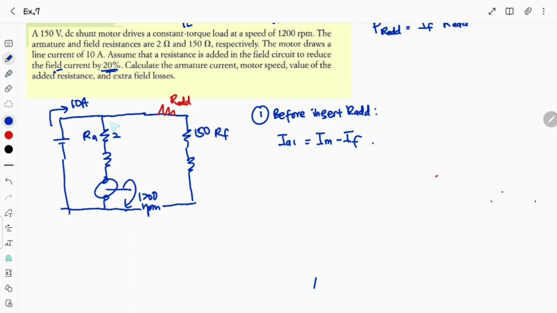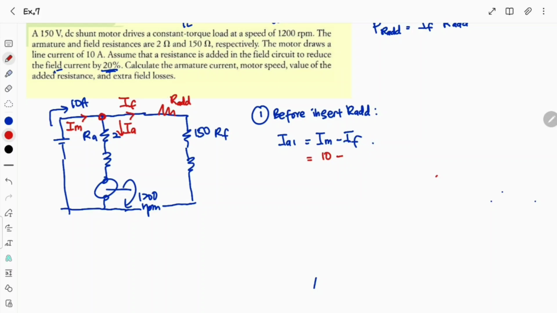Where do we get this? We get this from here. So this is your IA, this is your IF, and this is your IM. Your IM is equal to 10 ampere. So it's 10 minus IF.